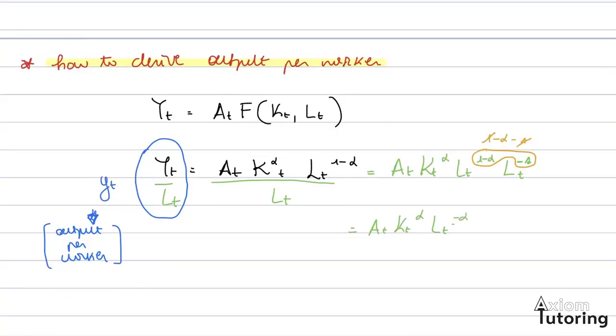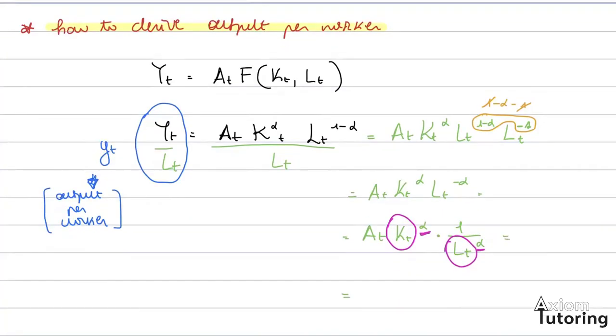Now look, if I want to remove the negative exponent here, I can rewrite my Lt as 1 over Lt to the power of alpha. And since both Kt and Lt have the same exponent, I can use the law of indices and write them within a unique parenthesis, everything to the power of alpha.